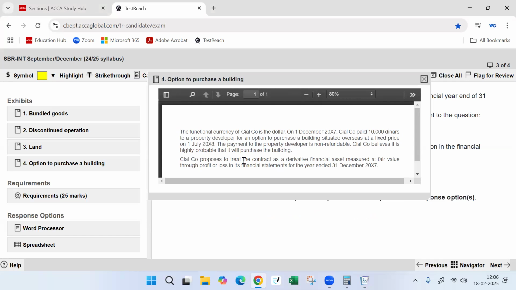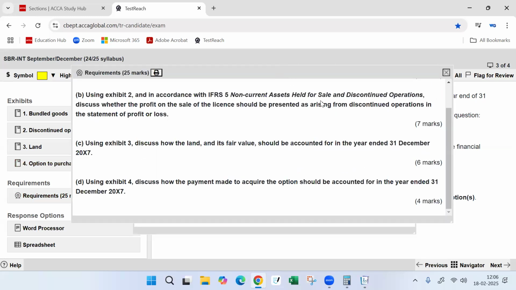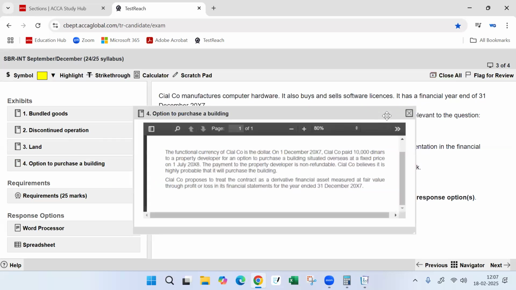CL proposed to treat the contract as a derivative financial asset measured at fair value through P&L in its financial statements for the year ended 31st December 2007. Now, do you think that this particular transaction should be considered as an option as per IFRS 9? What do you think?